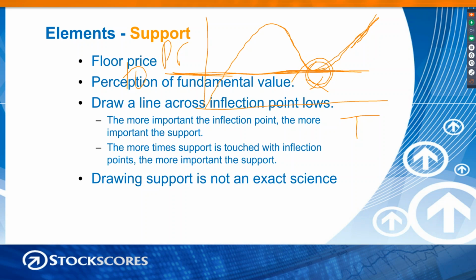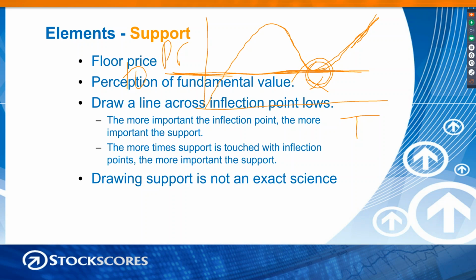Now that's important because those people that are voting in the stock market, the buyers and sellers who are casting their vote every time they make a trade, have just stated that that stock is not worth less than that value based on the fundamentals that they have. So it represents a floor for the fundamentals.